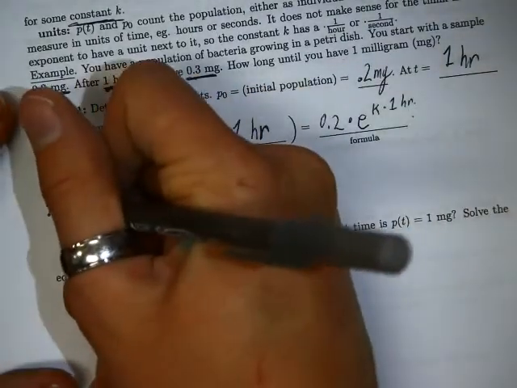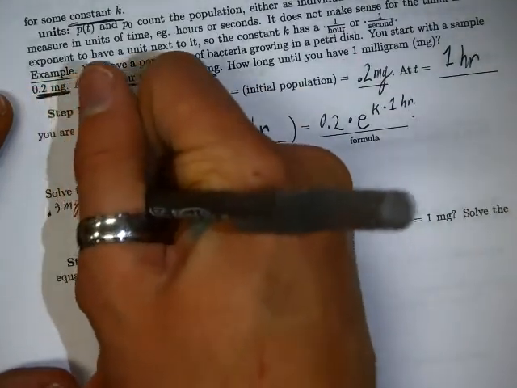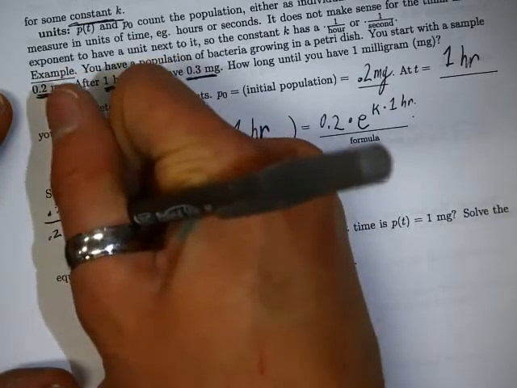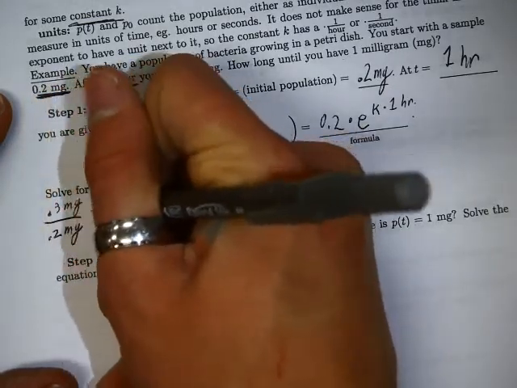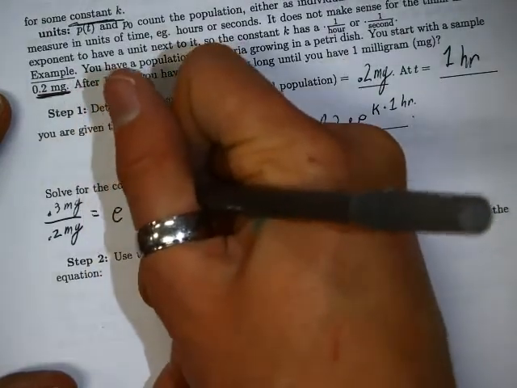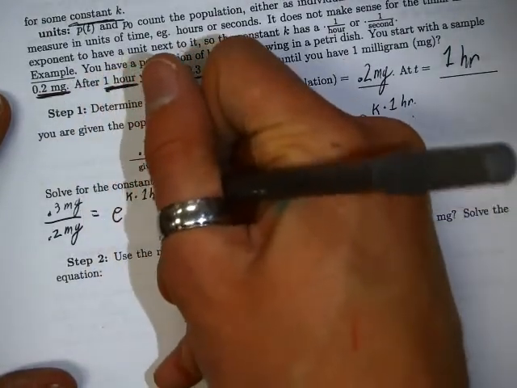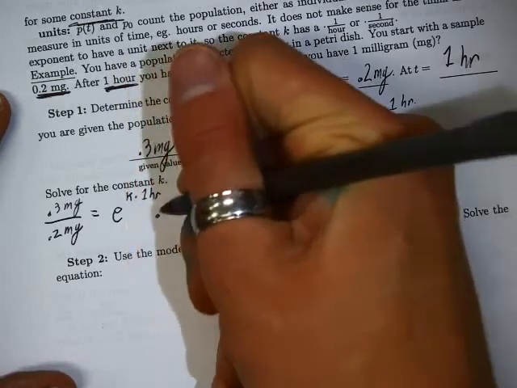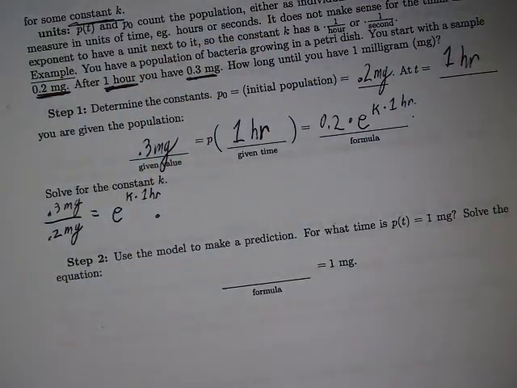So I'll get 0.3 milligrams divided by 0.2 milligrams is equal to e to the k multiplied by 1 hour. And I'll use the natural log to get k times 1 hour on its own, but maybe before I do that, I'll simplify the left-hand side.